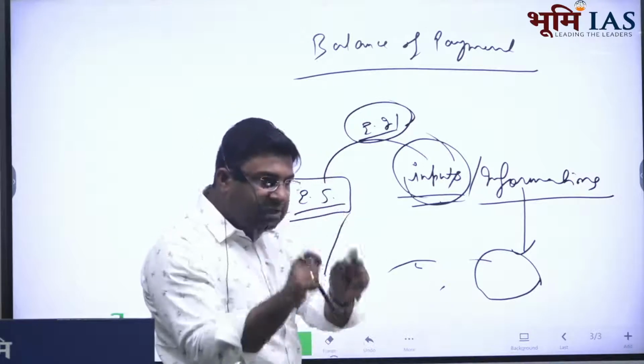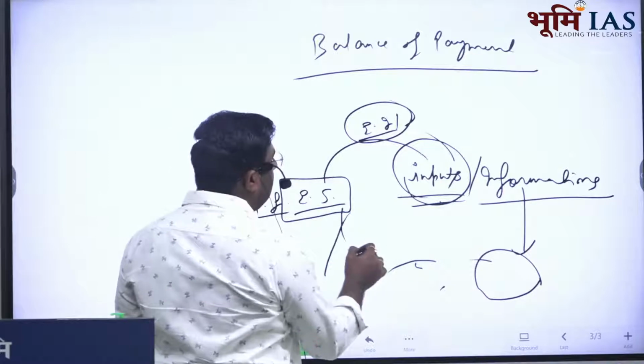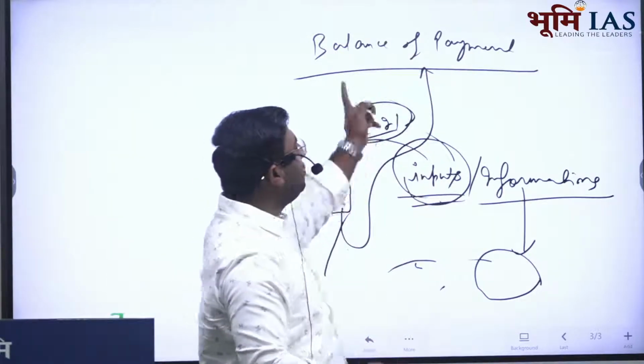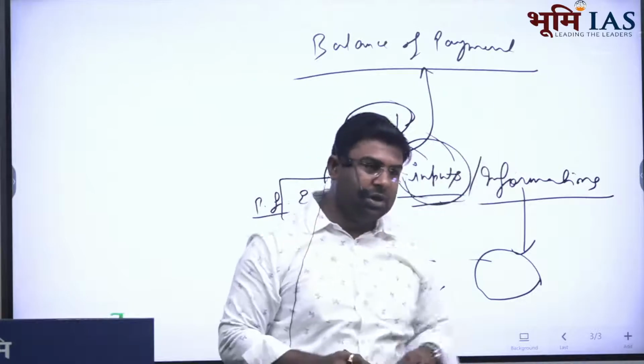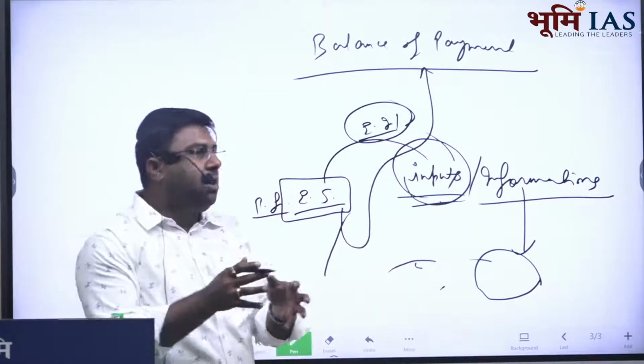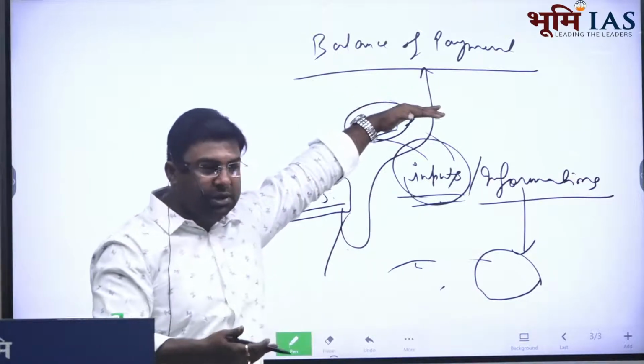One specific and very important type of information is provided by a document known as Balance of payment. Now let's discuss which type of information this document renders to government.